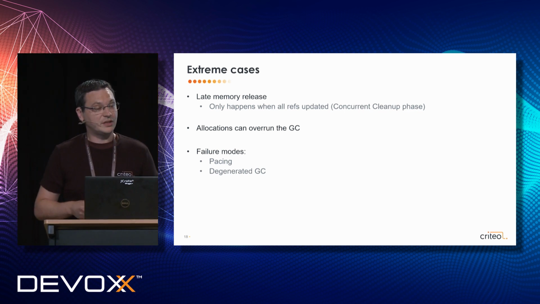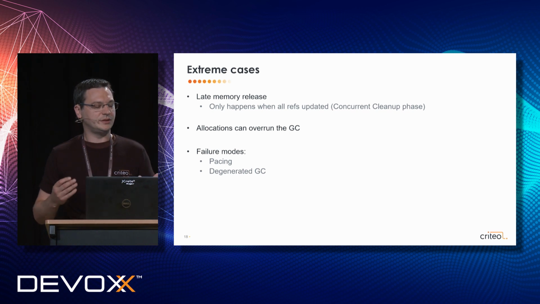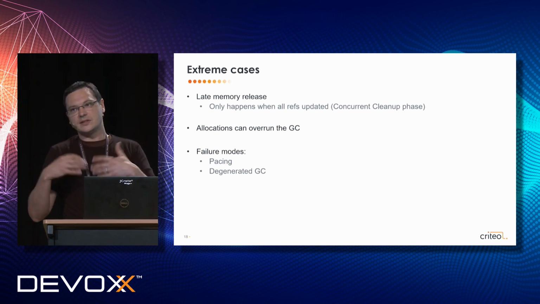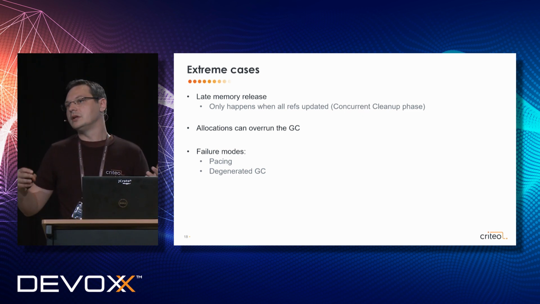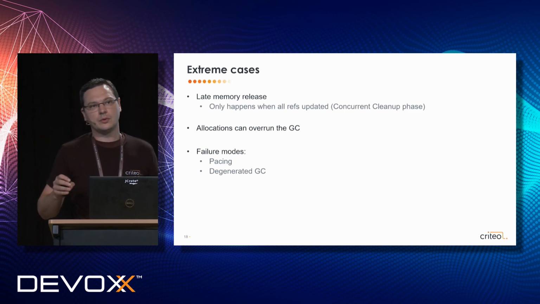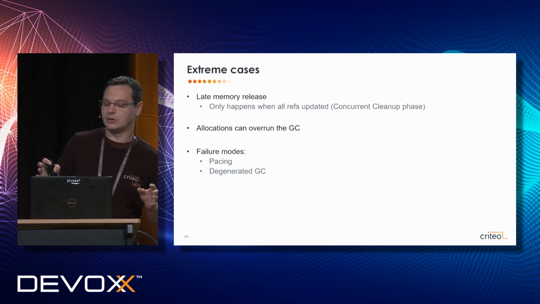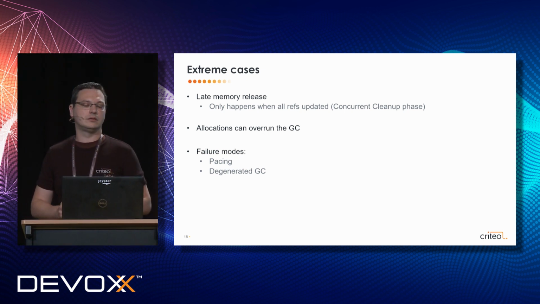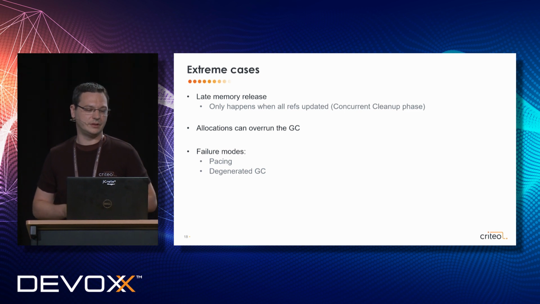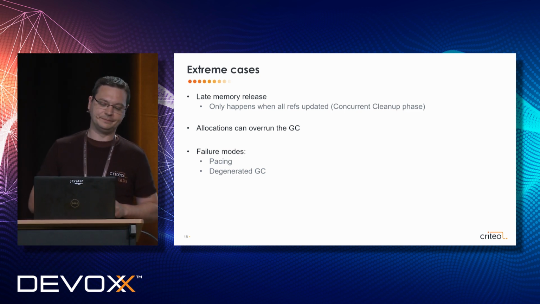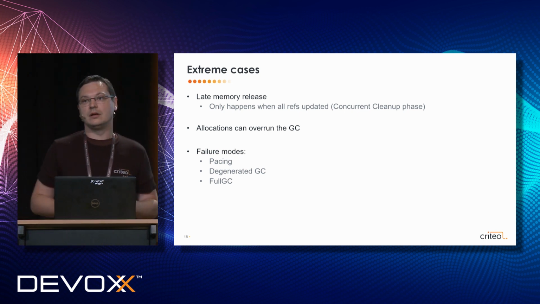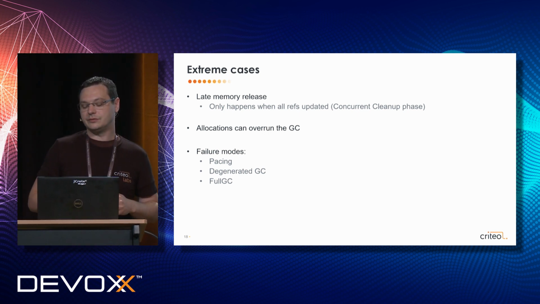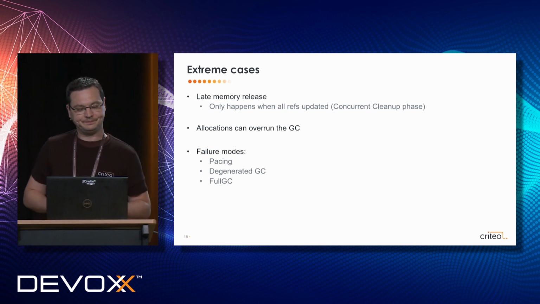The second mode is the degenerated GC. It starts with a regular cycle, and then if we cannot keep up, it will stop all the application threads in stop-the-world mode and finish the cycle with this stop-the-world phase. And then if you cannot keep up again, it falls back to a regular full GC, a parallel full GC.